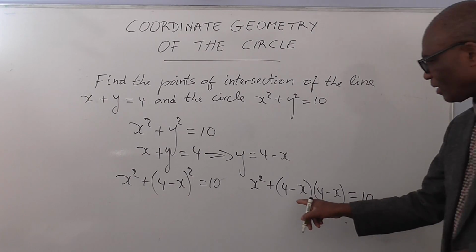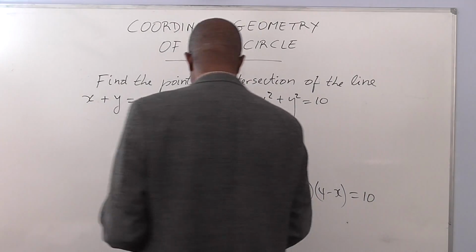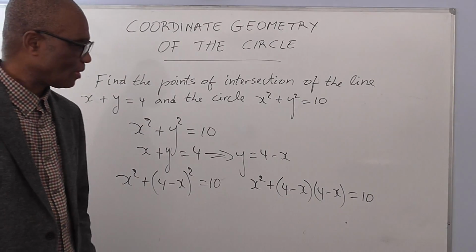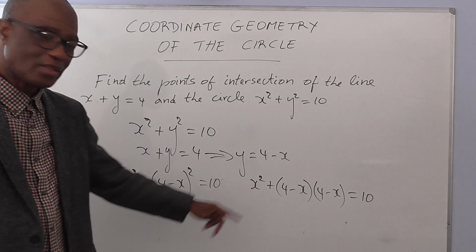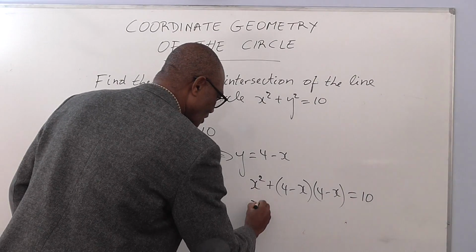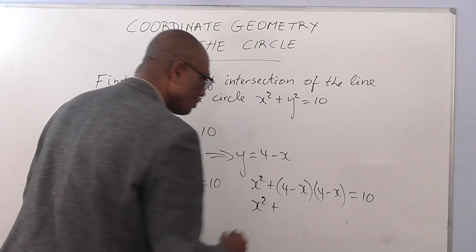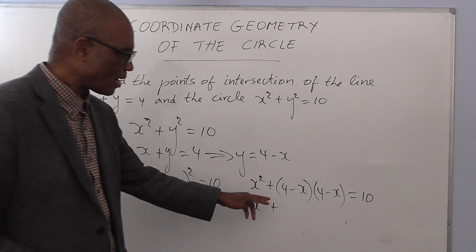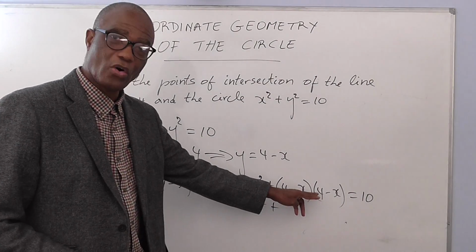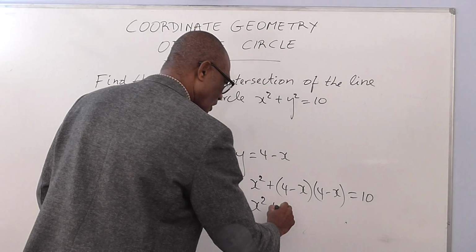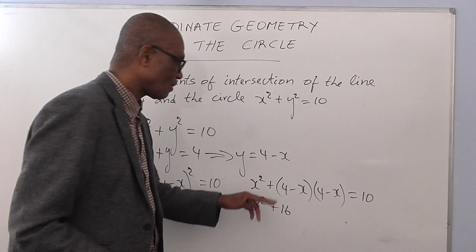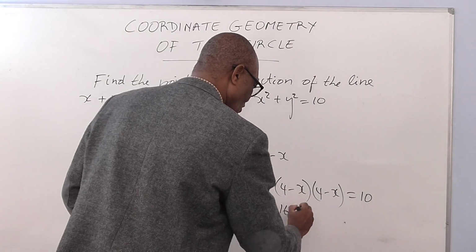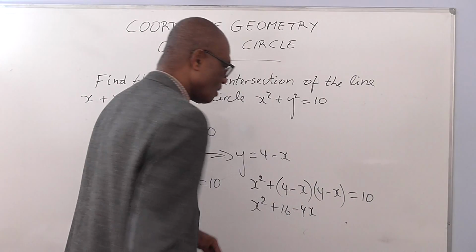When we multiply out the two brackets and we add x squared: if you multiply 4 by 4, you get 16. 4 by minus x, we get minus 4x.